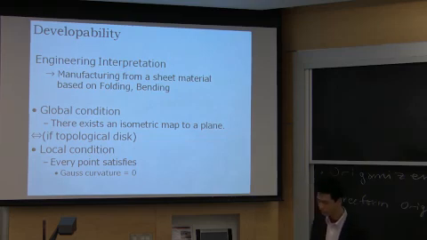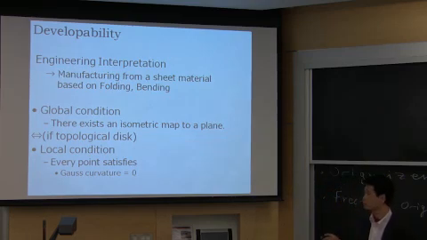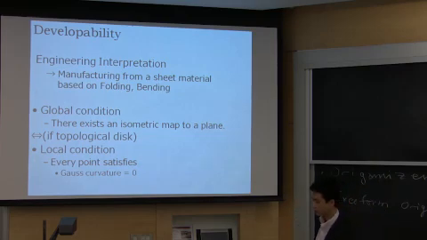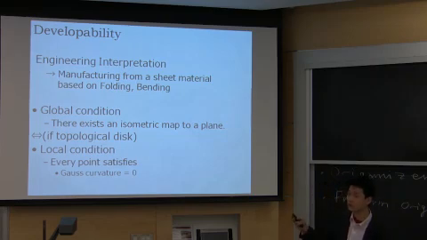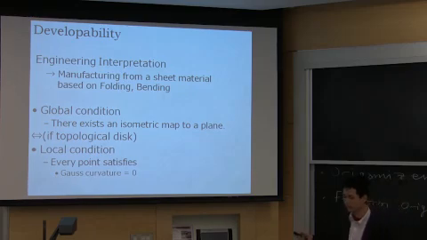deformation. So the first thing we want to keep is developability, which is that you can fold from a sheet of paper. In an engineering sense, it means that it can be manufactured from a sheet material, which is very nice, by folding and bending only.